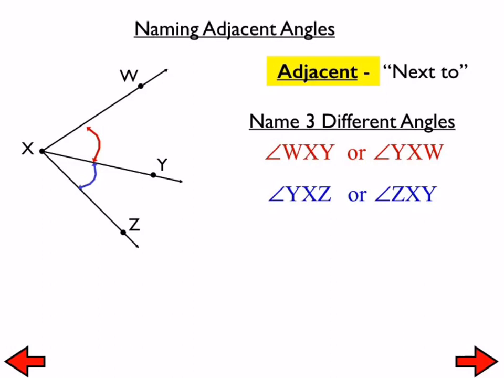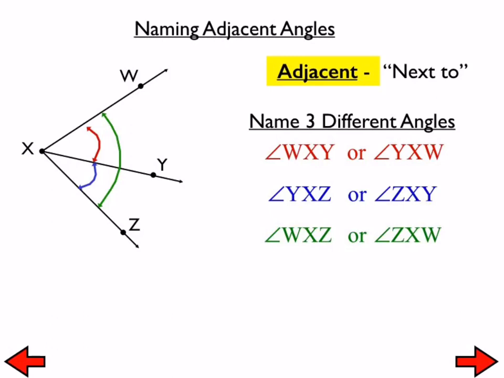And what's the third angle that's in that picture? Anybody have any idea? Yeah, it's the big angle that the two are made up of. So that big angle right there, angle WXZ, or of course we could flip the letters there. Now one of the things I brought up last time was the fact that we could name the angle by its vertex, and I already showed you that as part of the background knowledge.